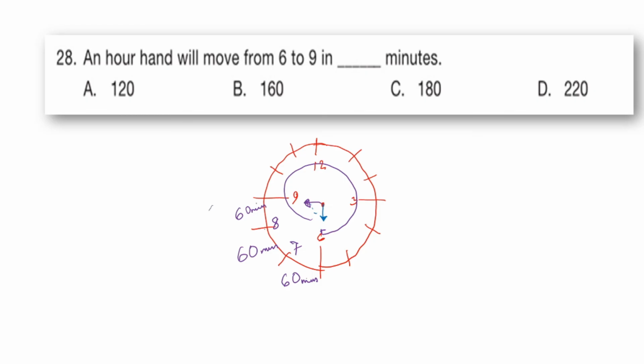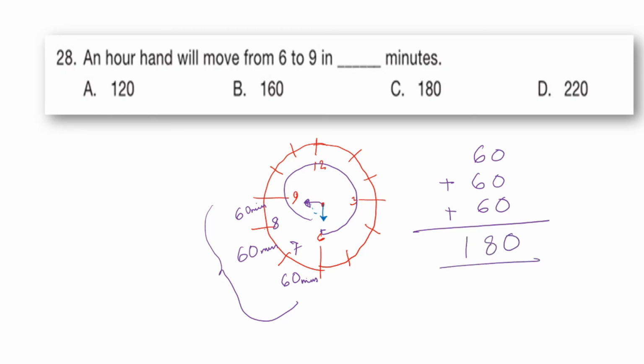Hence the total number of minutes required for the hour hand to reach from 6 to 9 is 60 plus 60 plus 60, that is 60 times 3, which is 180. So your answer is option C, 180 minutes.